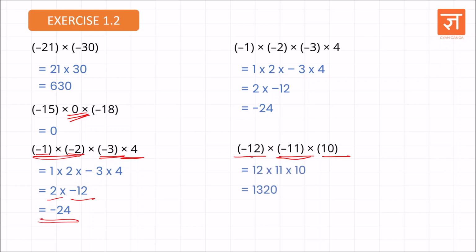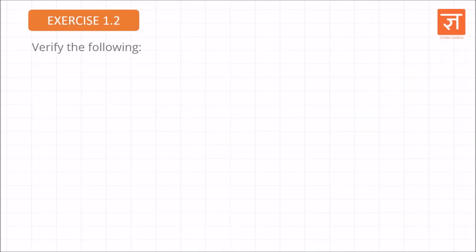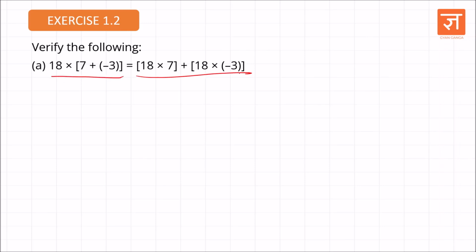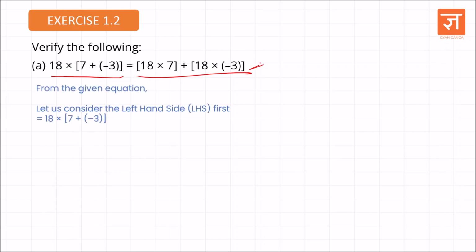Now let us verify the following, that this is equal to this. As we did for which property, do you remember? Associative. So from the given, we first solve the first part. That is 18 into 7 plus minus 3. We have 7 minus 3, that is 4. We solve the answer 18 into 4, 72.